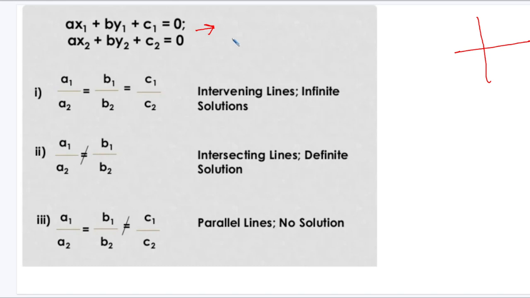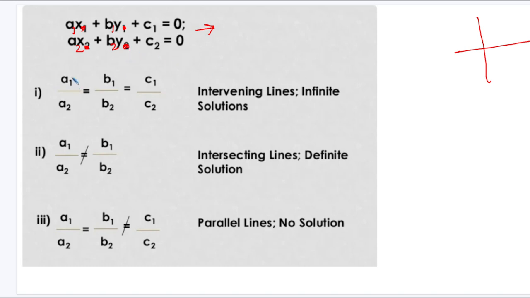Please note, I think this should be a1, and the next one should be a2. It's not x1, x2, sorry. This is b1 and this is b2. The x and y variables won't change, only the constant terms are different. This is probably a typing error.